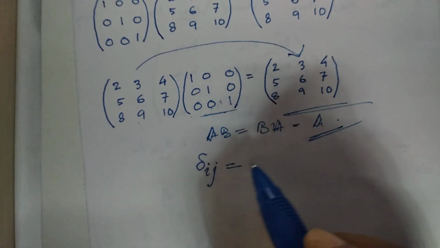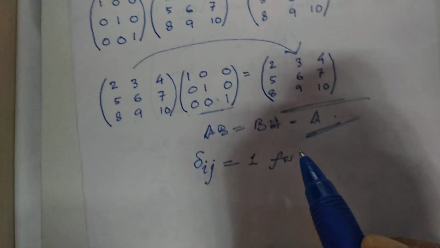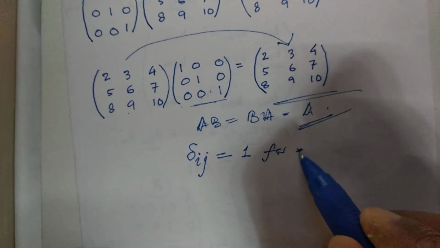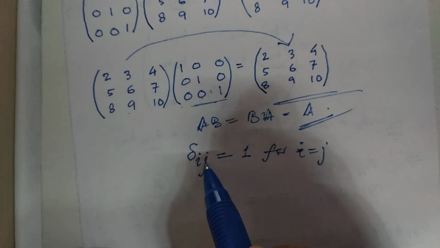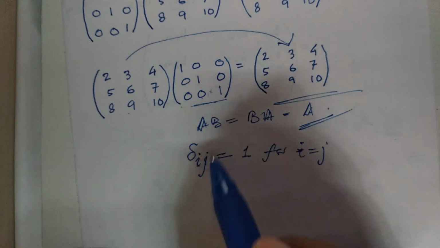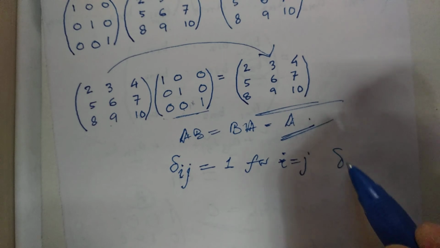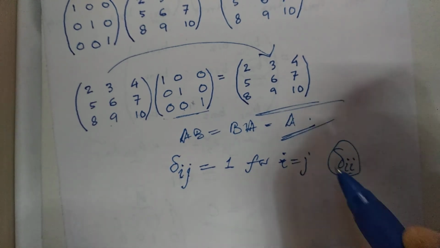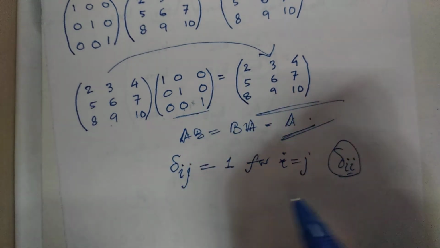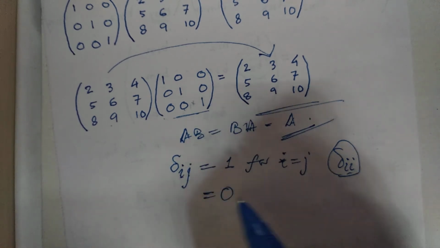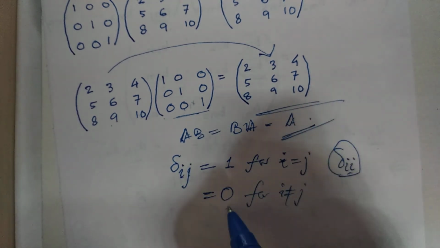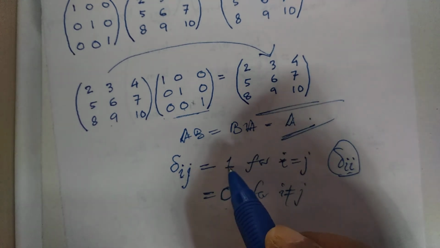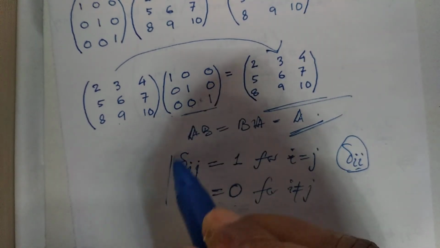Delta ij is 1 for i equal to j. That is when row index and column index are equal. That is, this delta ii is a diagonal element. And when i is not equal to j, the result is 0. Off diagonal elements are 0 and diagonal elements are 1 in unit matrix.